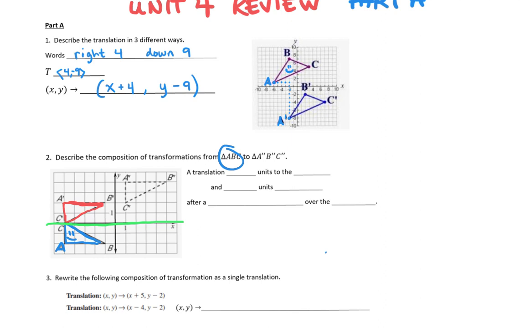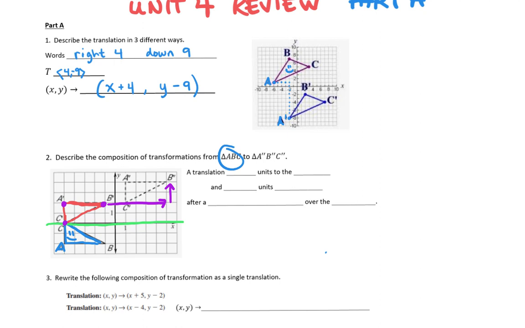All right, then after we did the reflection, we took this triangle, A prime, B prime, C prime, and we shifted it to the right and up. I'm using B prime and B double prime as an example because it was just easy to see.